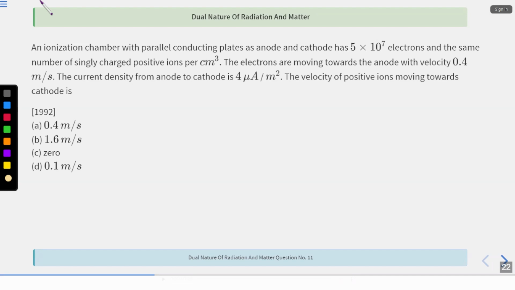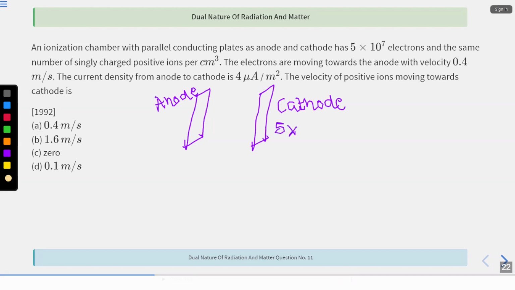Okay, so we have been given that there are two parallel plates. One is the anode and one is the cathode. So what they are telling us is there are 5 into 10 to the power 7 electrons and the same number of singly positively charged ions.